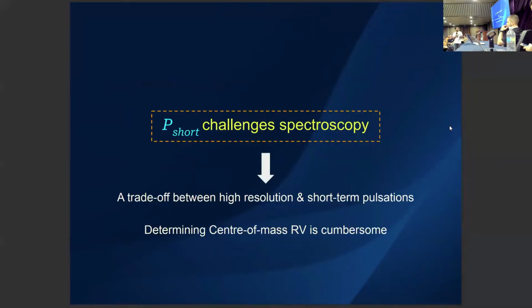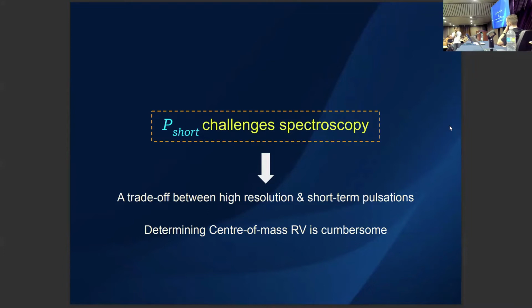So basically we have a trade-off between the high resolution and short-term pulsations. That is one cause. And another one is that determining the center of mass radial velocity for this type of short period variables is really challenging, because it requires some pulsation models to disentangle the effect of pulsation while observing the spectra.